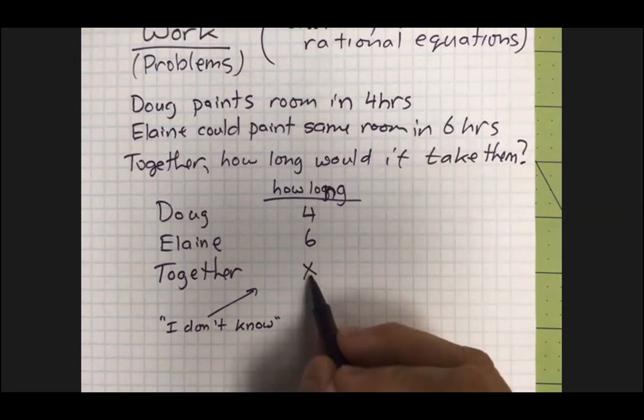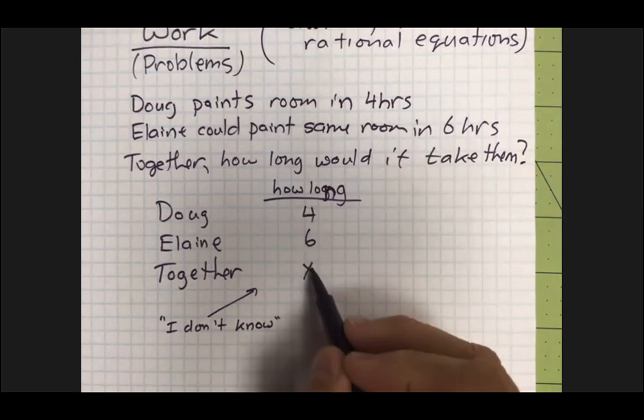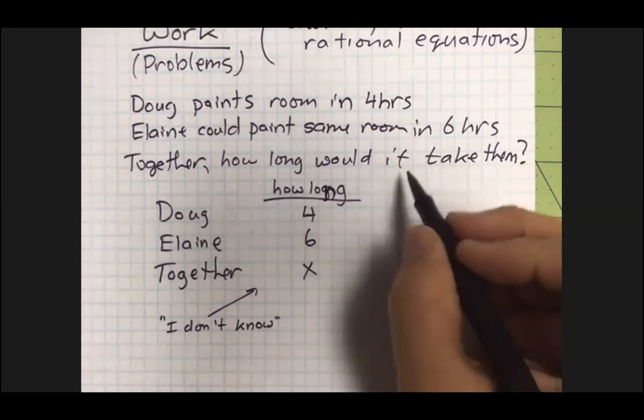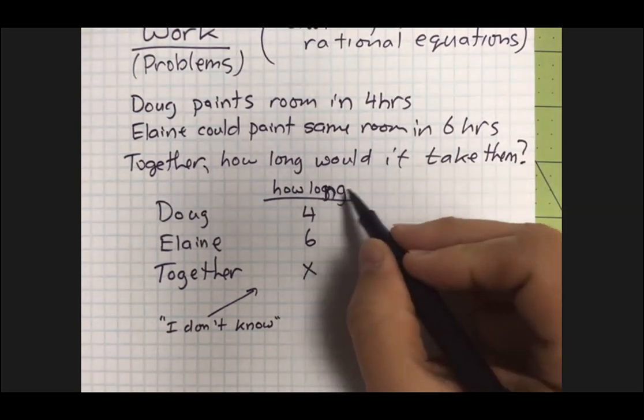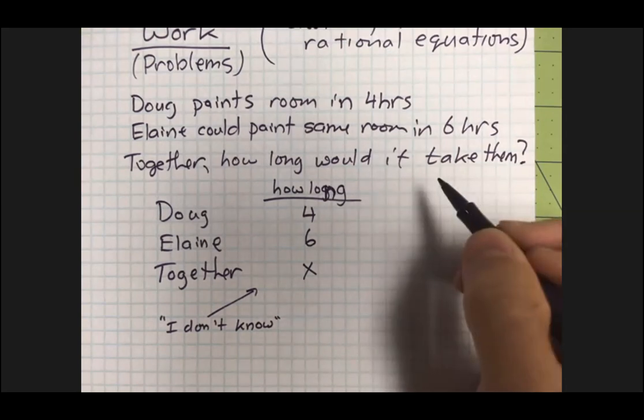But I can't just say x is 6 plus 4. That didn't make sense. But how about this? How about taking how long and turning it on its head?